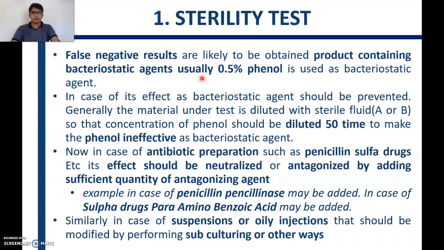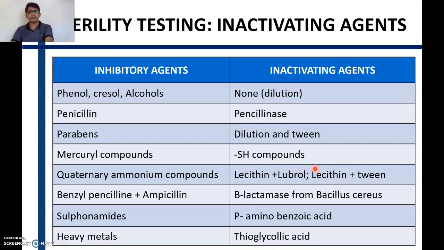For example, the effect of phenol can be inhibited by dilution up to 50 times, and in case of penicillin, by adding penicillinase enzyme, which is an antagonist of penicillin. So these are some examples of different inhibitory agents which are used as preservatives in the pharmaceutical products, and these are their inactivating agents. For agents like phenol, cresol and alcohol, we will inactivate them by dilution.